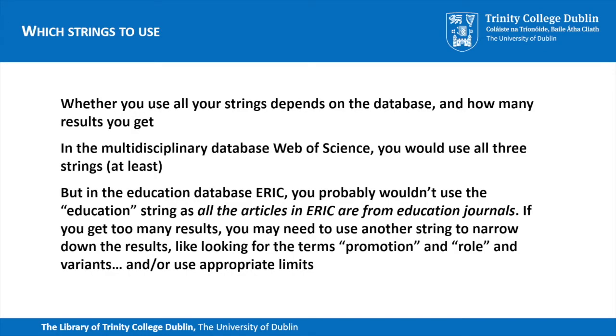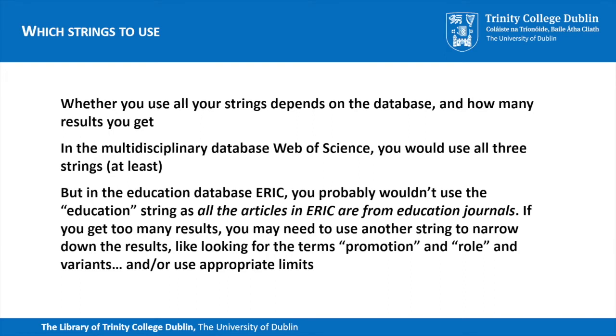We had three strings there, one to do with the population, with teenagers, one to do with the intervention, which is positive mental health, and then one to do with education. Whether you would use all of those actually depends on the database. So Web of Science, which is one of our go-to interdisciplinary and multidisciplinary databases, you would use all of those three strings and perhaps extra ones if you get too many results.